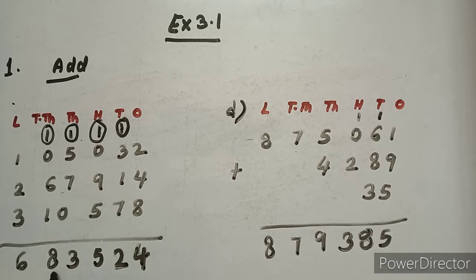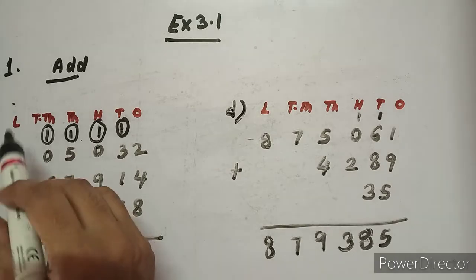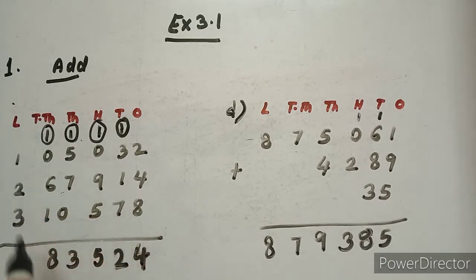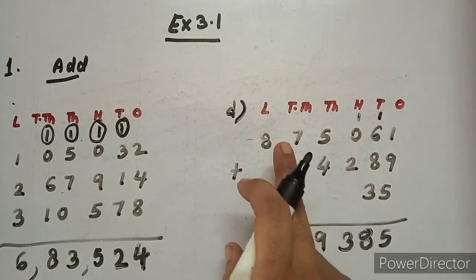So we have written 8. Then in your lakhs place you have 1 plus 2 plus 3, that is your 6. So you are getting the number as 6,83,524. Okay, so this is your C. Then we will come for D.